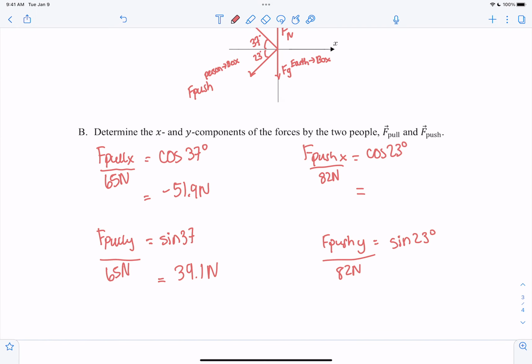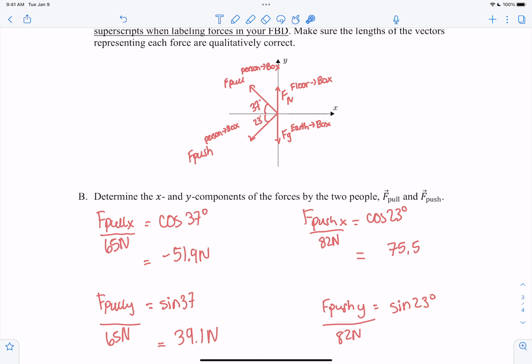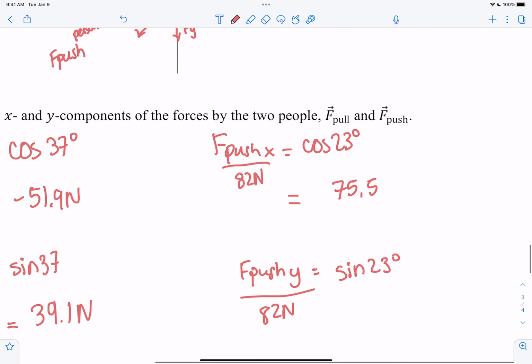So that's 82 times cosine 23, and that's 75.5, but once again, you have to make the distinction. You have to check again. F push X is this way, right? So it should be negative 75.5, right? Excellent.